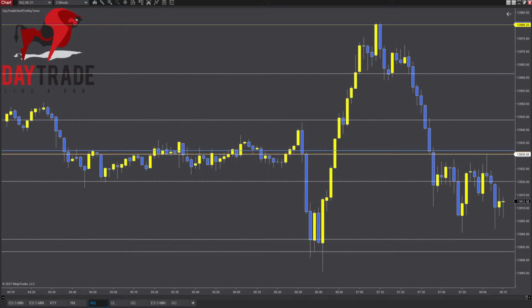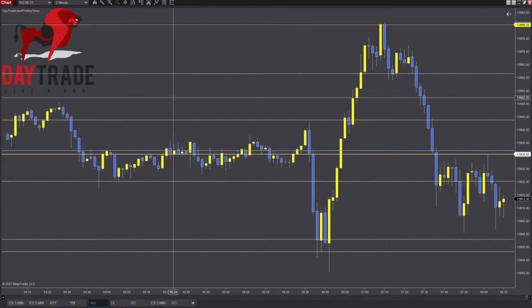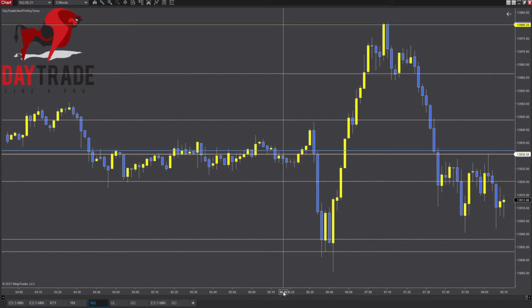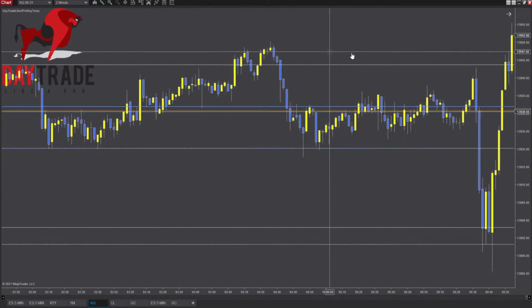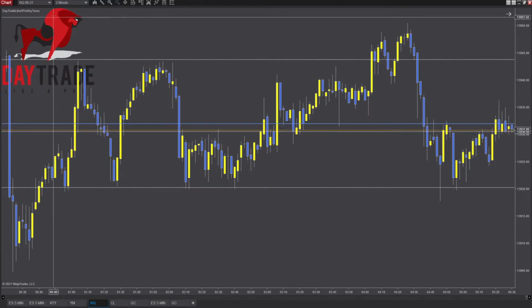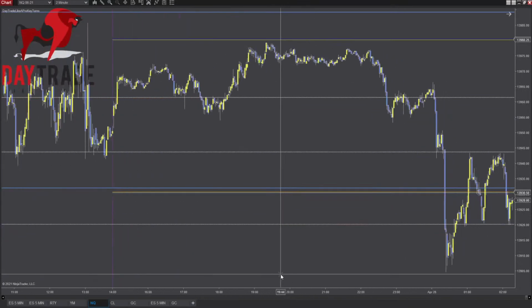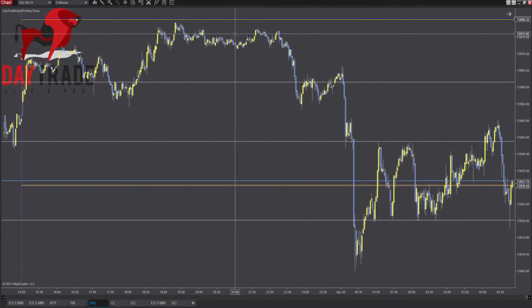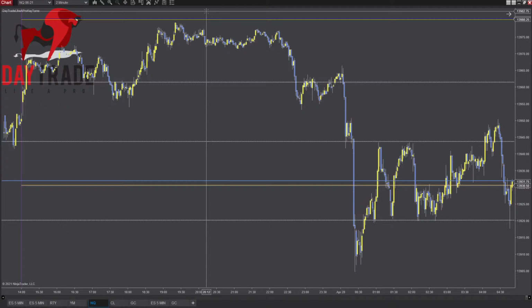So let's look in the pre-market, what's going on. I'm going to make this a lot smaller, which is going to be a little bit tricky to see candle by candle, but we just want to see the swings. That's really what we're going to be looking at here.